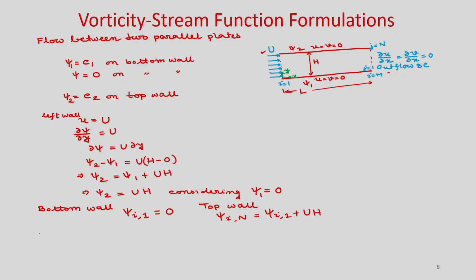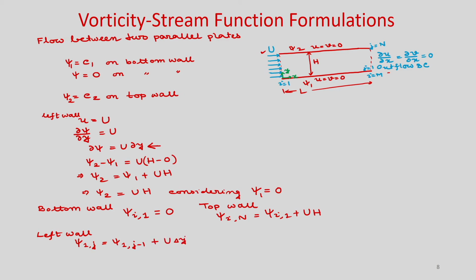Now, we need to find what is the value of psi on the left wall. Left wall you can find from the integration of this equation. So, I is equal to 1, so psi 1 j is nothing but psi 1 j minus 1 plus u into delta y.